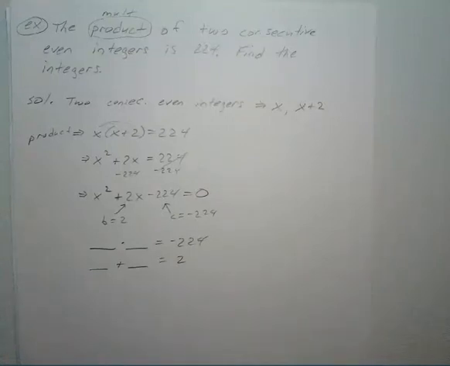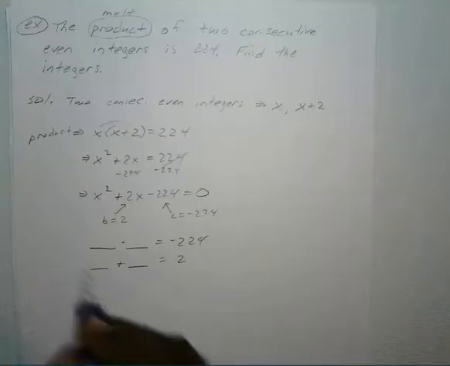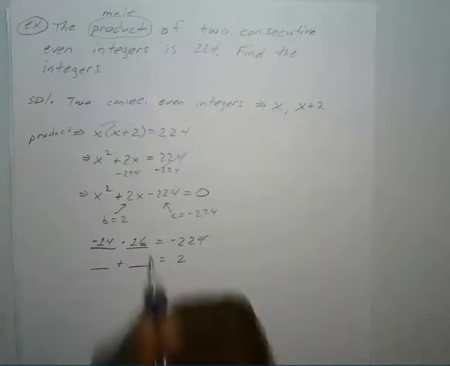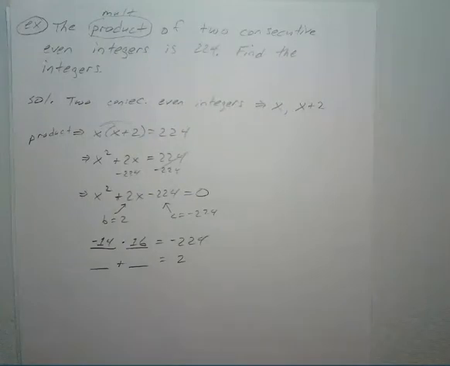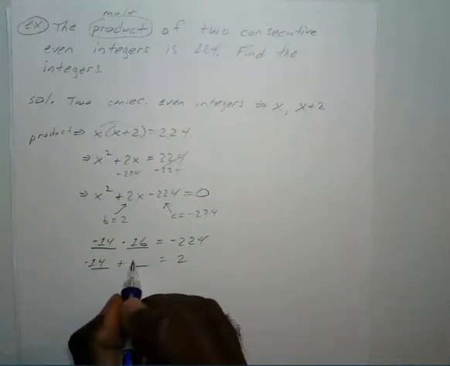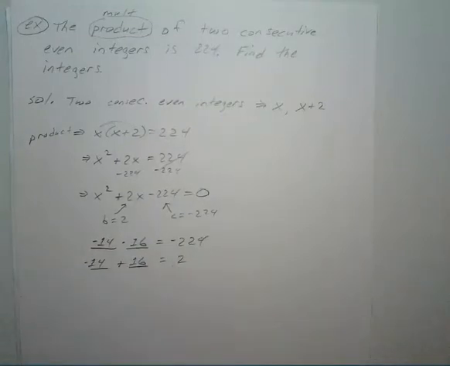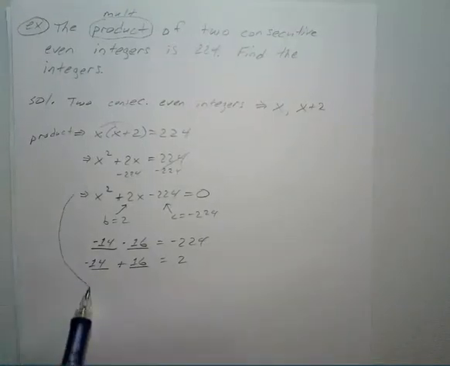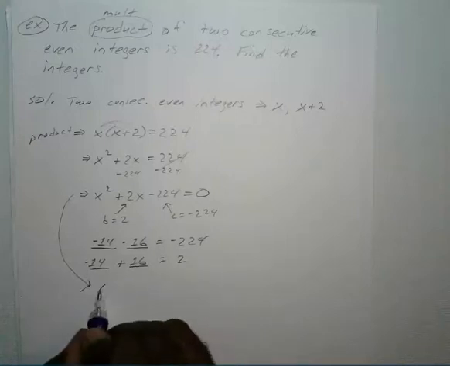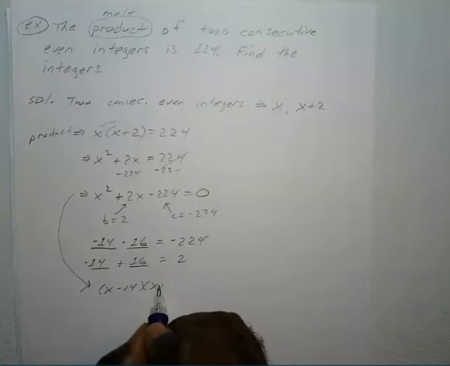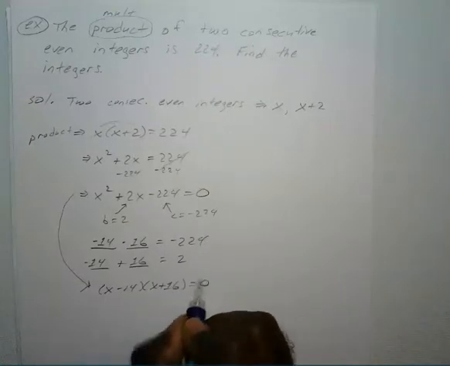After a little trial and error, you'll see that negative 14 and positive 16 work for both. Negative 14 times positive 16 is negative 224, and negative 14 plus positive 16 is 2. So this quadratic becomes x minus 14 times x plus 16 equals 0.